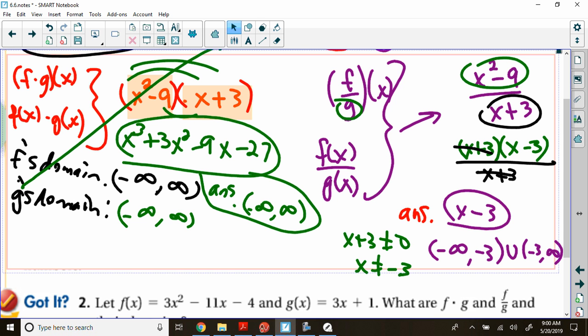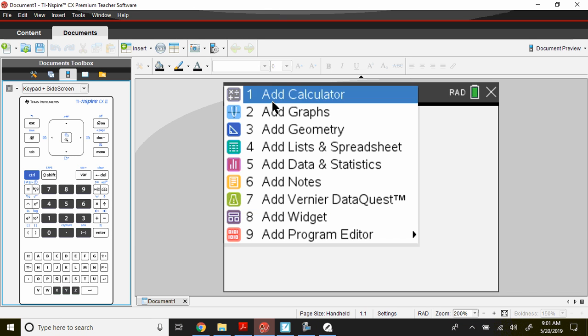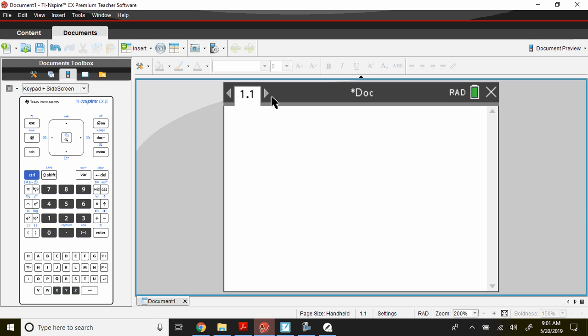If we want to see confirmation of that, like we did last week, we'll take a look on the calculator. Sometimes using a graphing utility is very handy. I've got this new software here for this calculator. Add calculator page. I'm defining the function f at x as x squared minus 9.